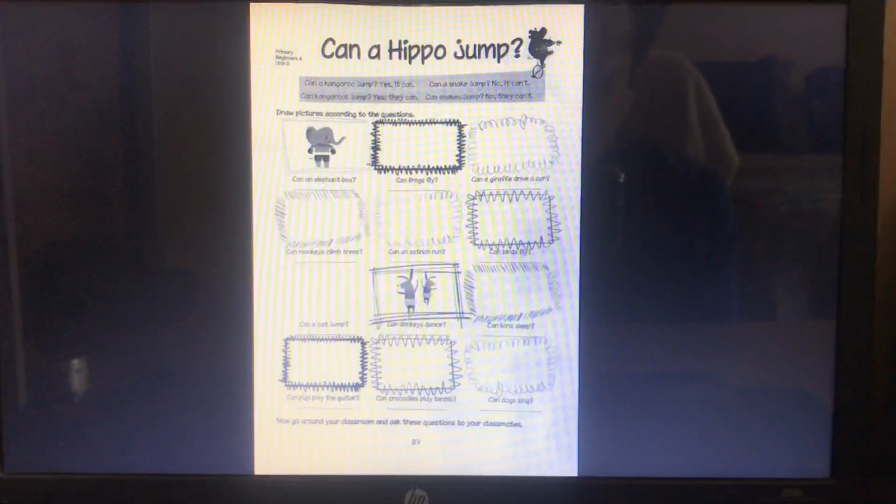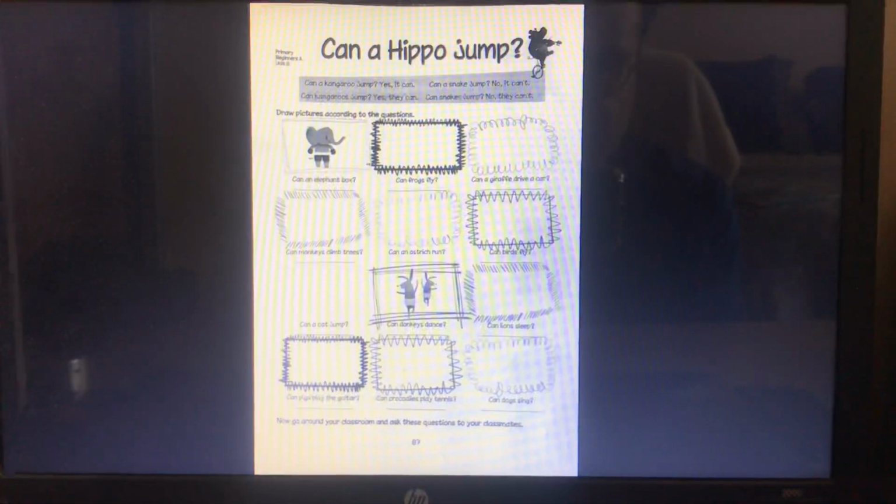The question below the image says, can an elephant box? Obviously, elephants cannot box, but you can draw an elephant boxing. Now, for the next one, it asks, can frogs fly? Obviously, frogs cannot fly, but you can draw a flying frog for this activity.